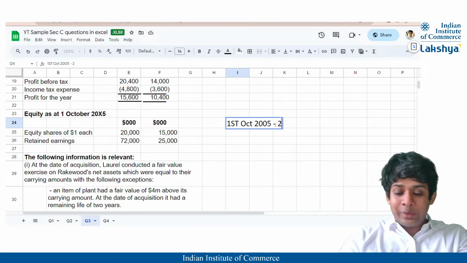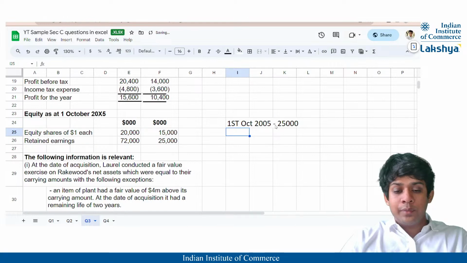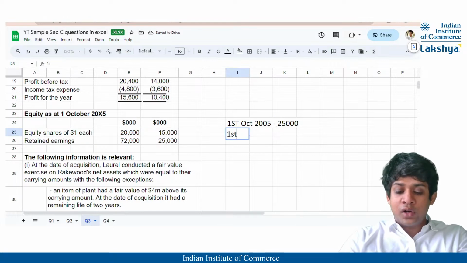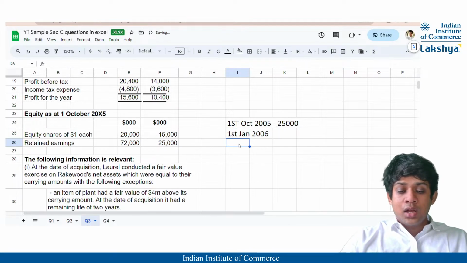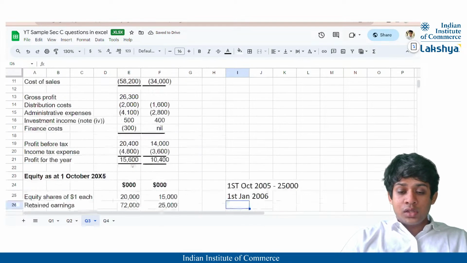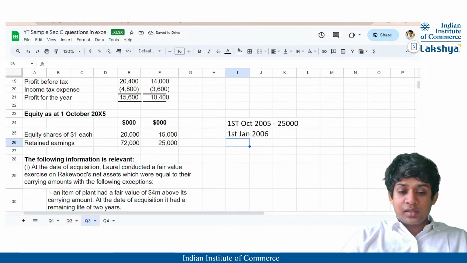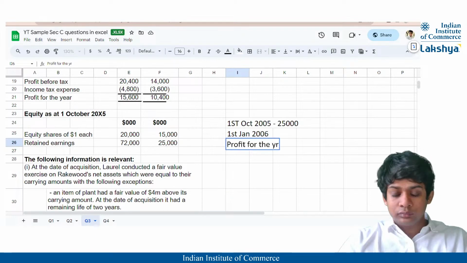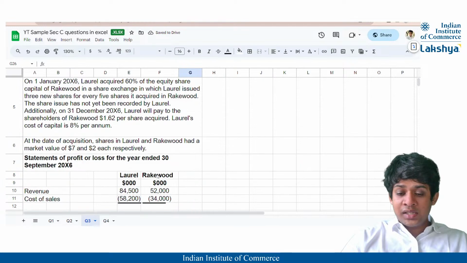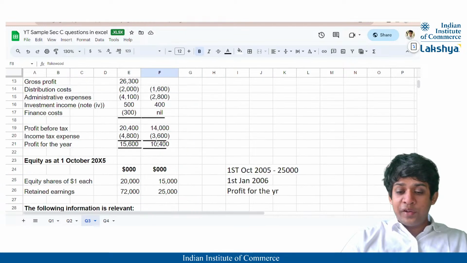They are 25,000, right? But we acquired the company when? We acquired the company on 1st Jan 2006, correct? So we have to firstly identify the profit for the year, right? What is the profit for the year of the subsidiary company? See, Rakewood company profit for the year is 10,400, correct?